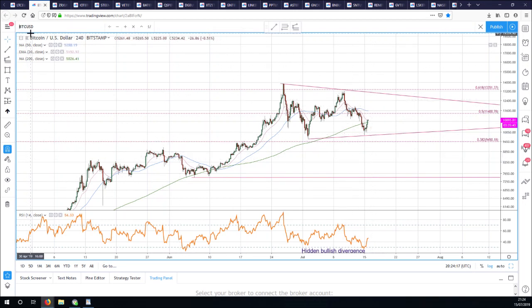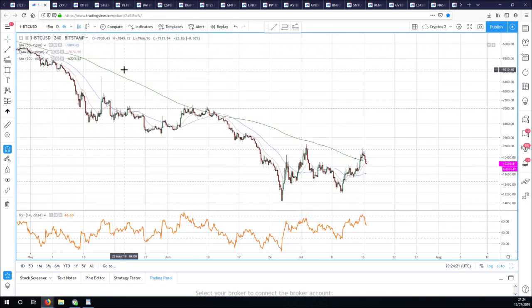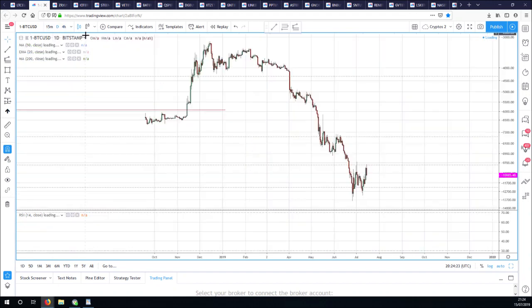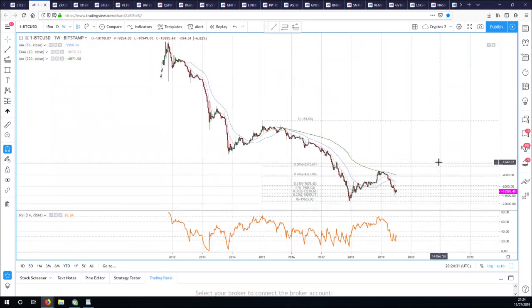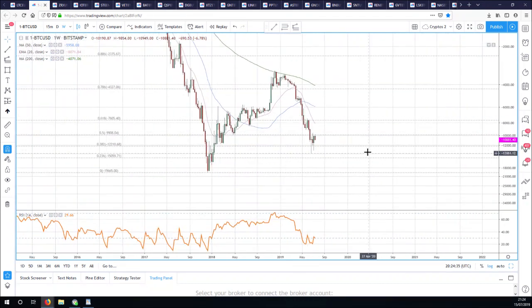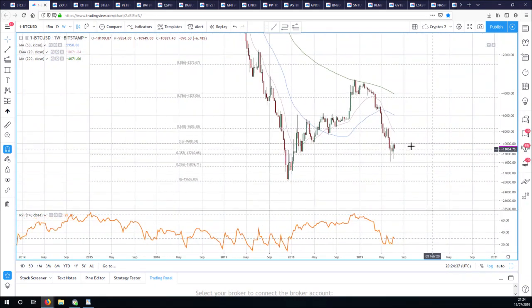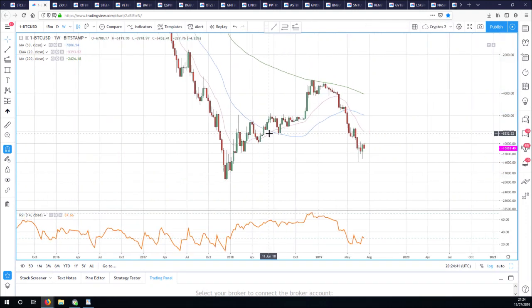You want to look at the inverted chart. Okay, here's Bitcoin. Start on the weekly. So people, are we bullish or are we bearish here? This is the question. Are we bullish or are we bearish?